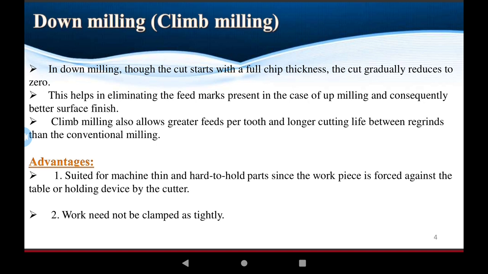There is a most important part of this chapter: the advantages of milling cutters and milling machines.